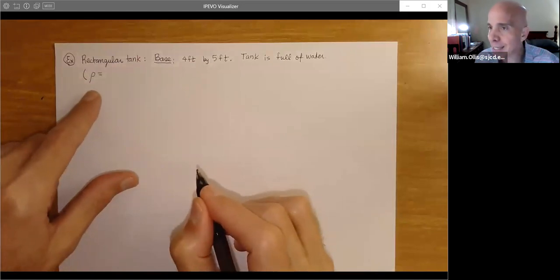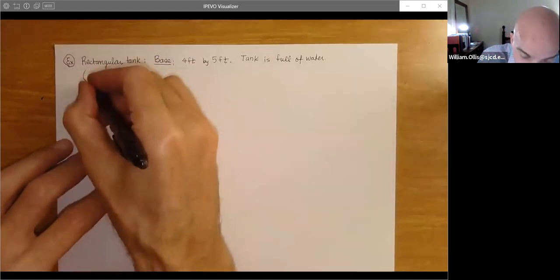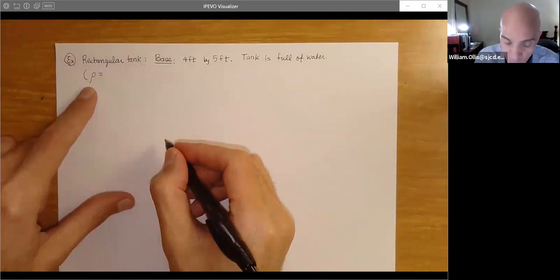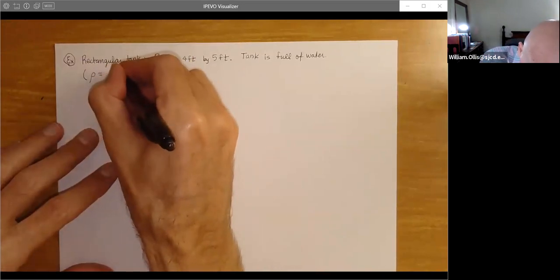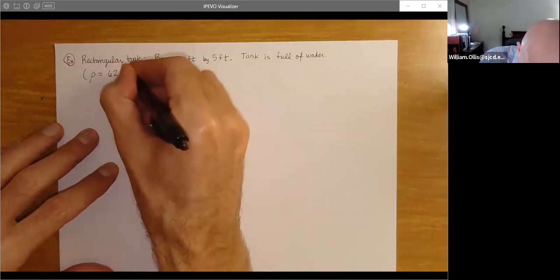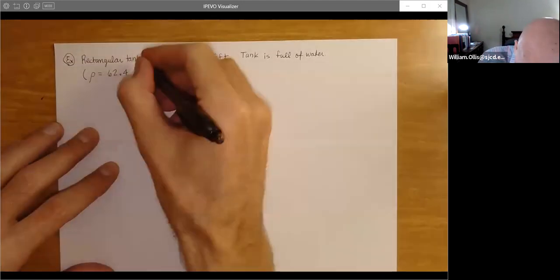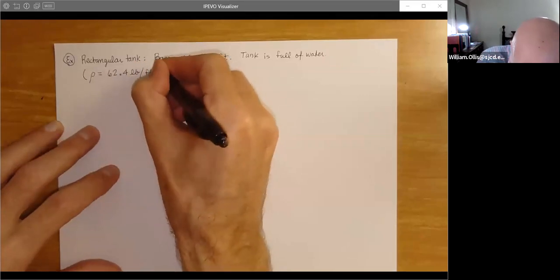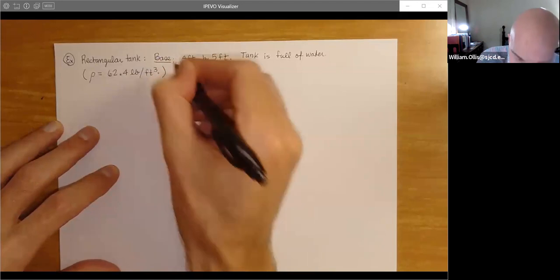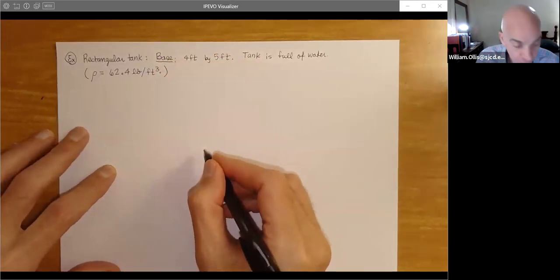So that's not a P, it's a rho. And I'll try to make the difference, that it's more smooth there. And for water in the British units, this is 62.4 pounds per cubic foot. That's the weight density of water.